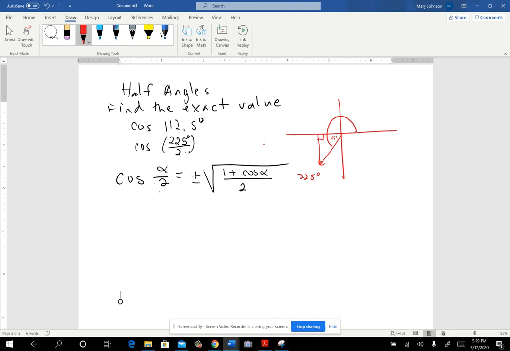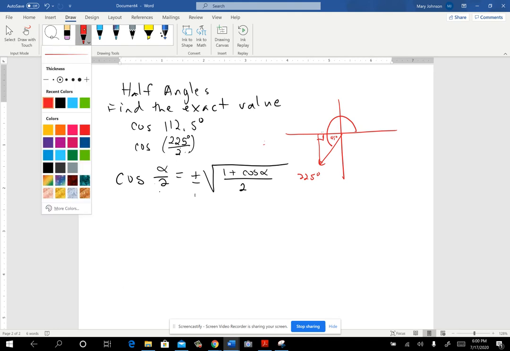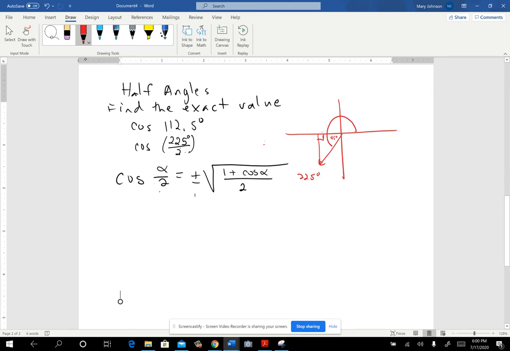All right, so here's how we do it. I'll leave it red. We're doing the cosine of 225 over 2. So we're going to come in here and do 1 plus cosine, and this right here is really 225, all divided by 2.